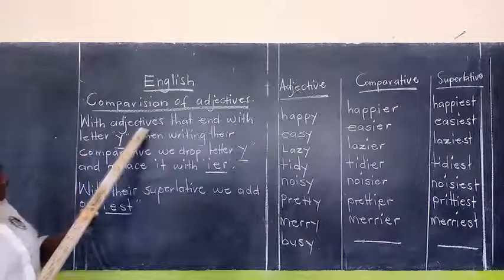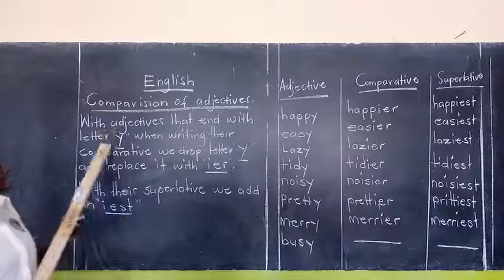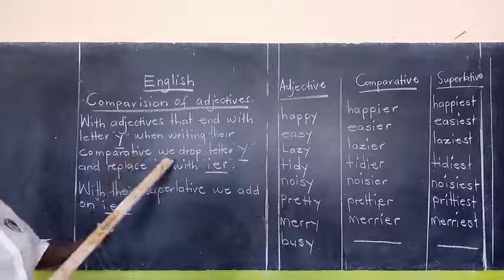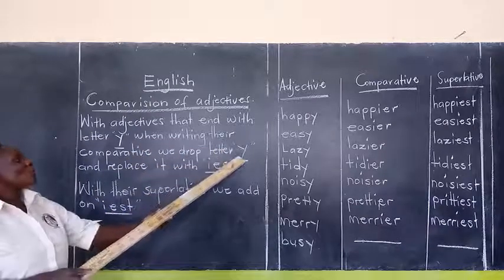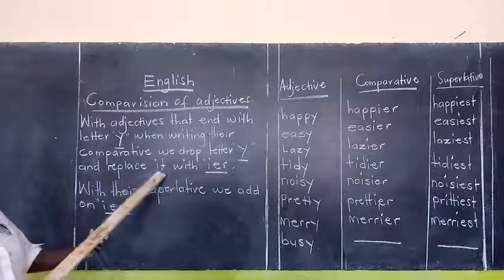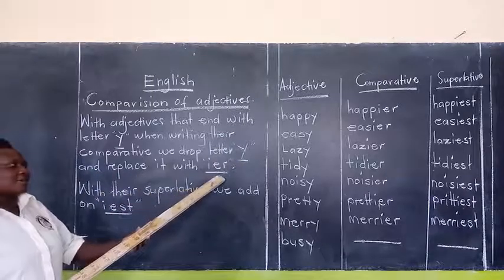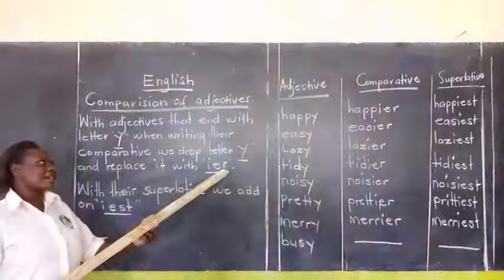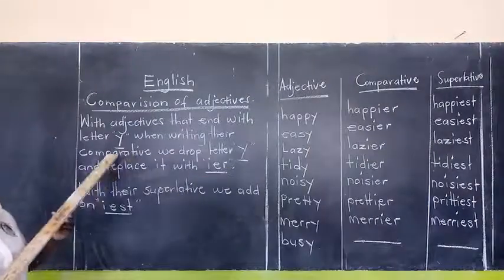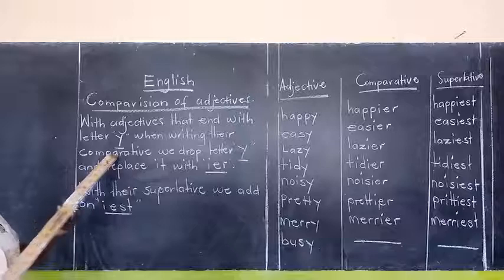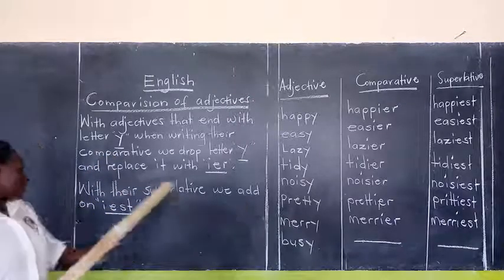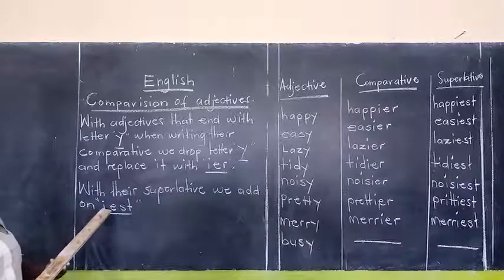With the adjectives that end with the letter Y, when writing their comparative, we drop letter Y and replace it with IER. And when it comes to the superlative, we add IEST.